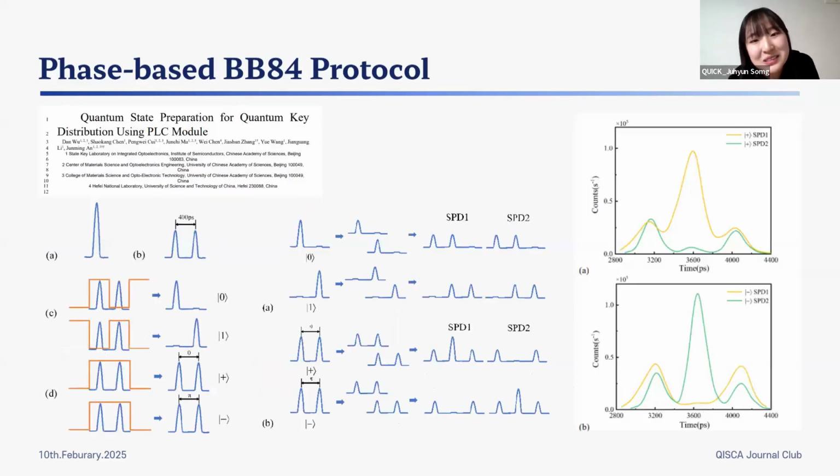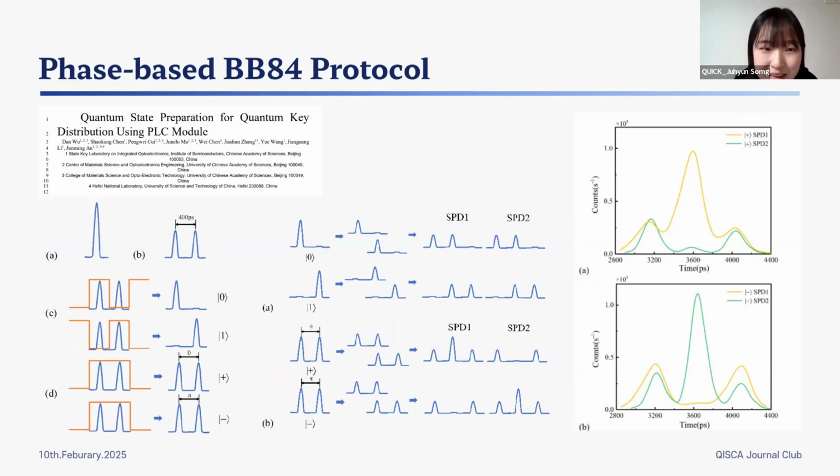This slide shows the experimental result from the reference paper. They define each of the four states like this. So this could be the result.